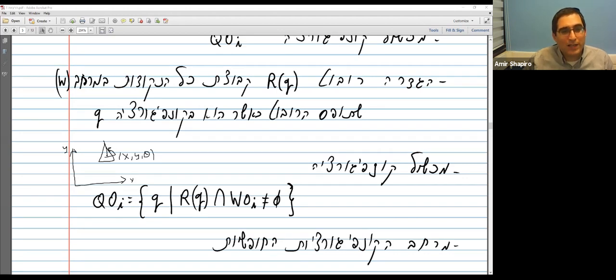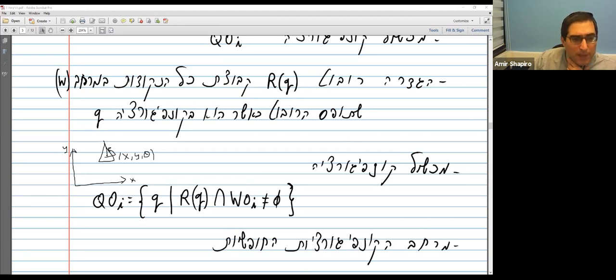It's x, y, and theta. The configuration of a robot in an XY plane workspace. So the robot R of Q, R of x, y, and theta, are all the points that the robot actually covers.